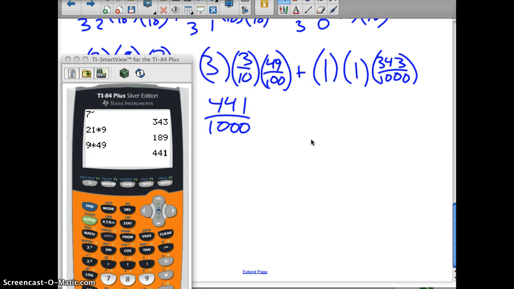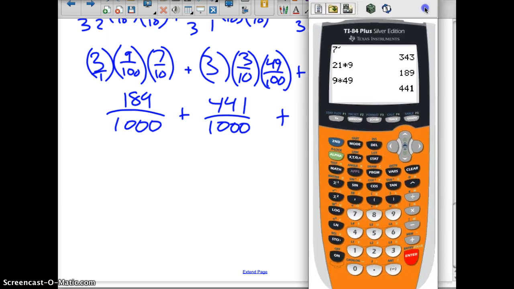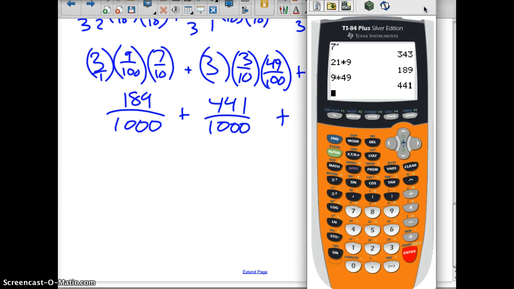And I'm going to get 343 over 1,000. There we go, and now I just add those numerators. Okay, so I add 343 plus 441 plus 189 gives me a total of 973 out of 1,000.